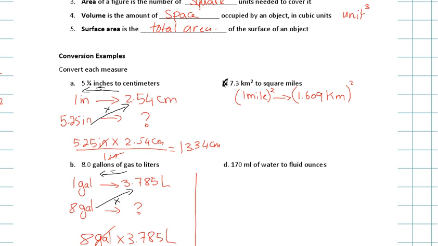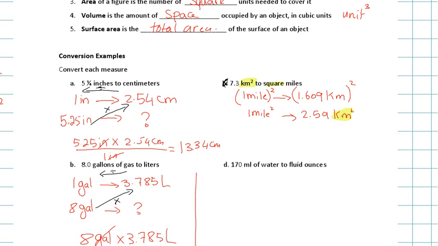Squaring this is going to be 1 mile squared, correct? Now, what is 1.609 kilometer squared? It's 2.59. Now if you look at this, this is kilometers squared, this is kilometers squared, so now they match. Squared miles, squared miles.